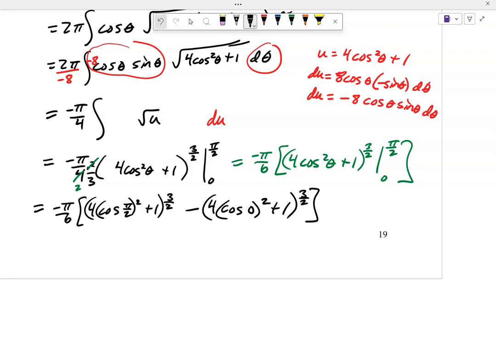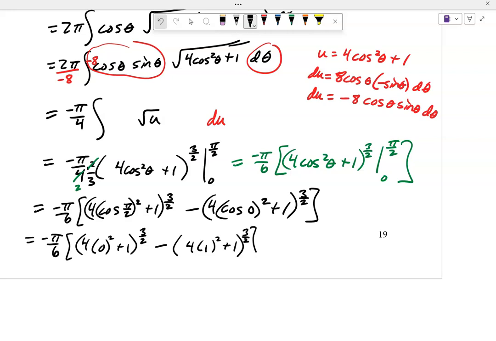Cosine pi/2 is 0, so I got 4 times 0 plus 1, all to the 3/2. Cosine of 0 is 1, so I got 4 times 1 squared, plus 1, to the three-halves.